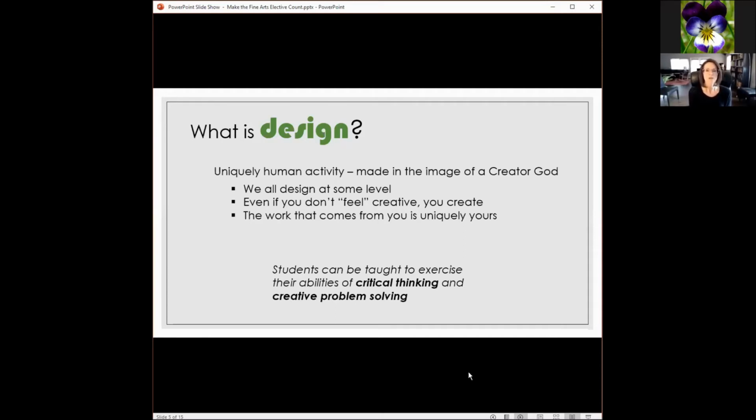So students can be taught these things, and this is what our classes in the arts, our classes that work through design thinking, help students do. We help them to access that potential along with building some skills.